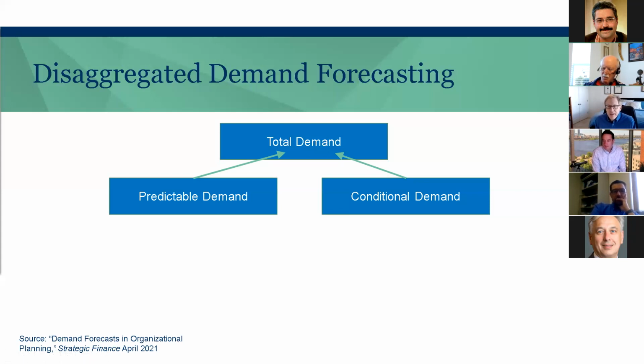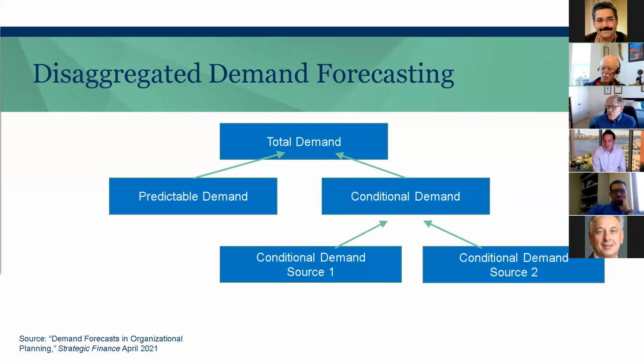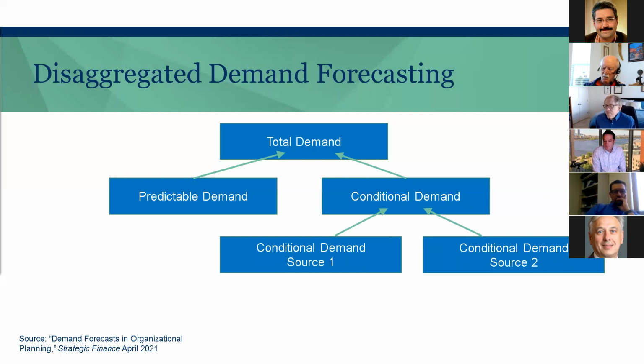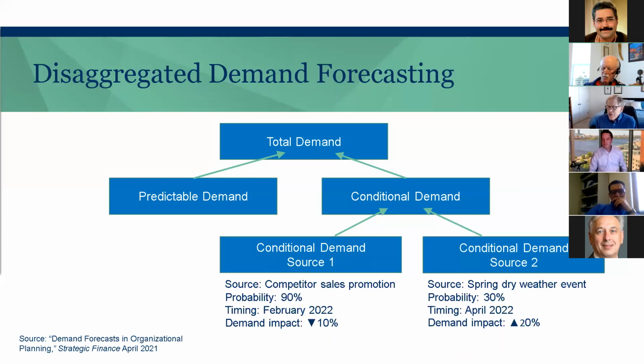But then there's a lot of conditional demand that is not predictable. Those are things that are based on some event or a certain condition. So let's say that we break up our conditional demand into two pieces, each one with its own source. The first one, the demand is contingent on a competitor's sales promotion.